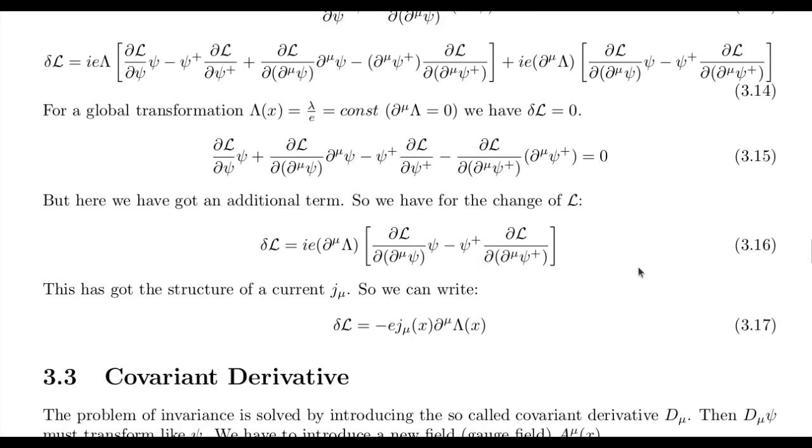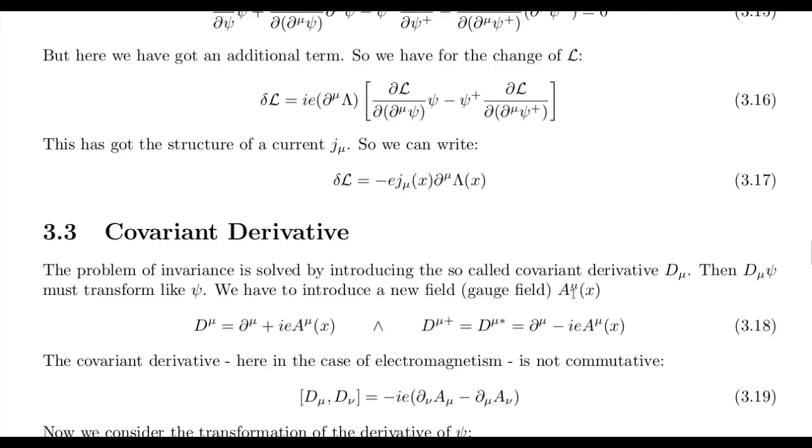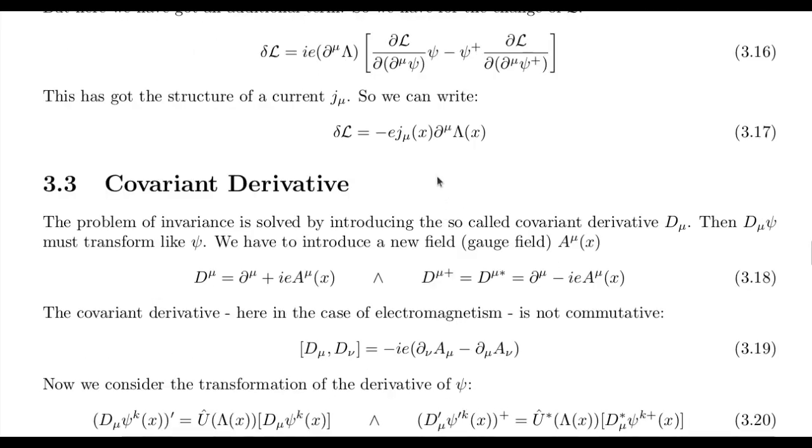So first we can say this term stays, and we know from basic quantum mechanics that this is the structure of a current. So e stays as a factor, and the derivative of lambda stays here, and then this is J or minus J, a current. Now the question is, how can the problem be solved?